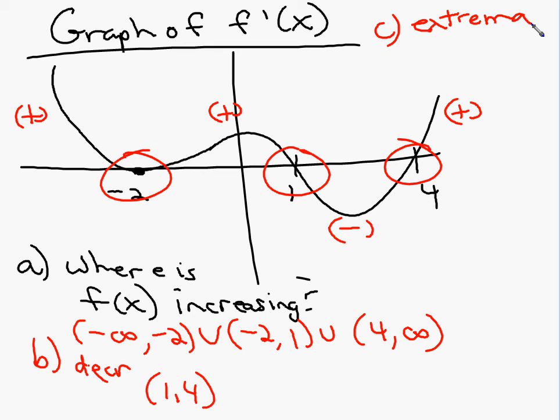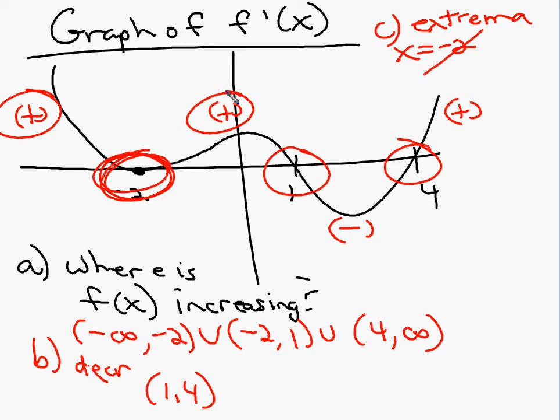Now, I can't use the second derivative test, but I can use the first derivative test because look at this critical point. It's supposed to change from positive to negative or negative to positive. Well, guess what? X equals negative 2 is not an extrema because the value of the derivative to the left and the right have the same sign.